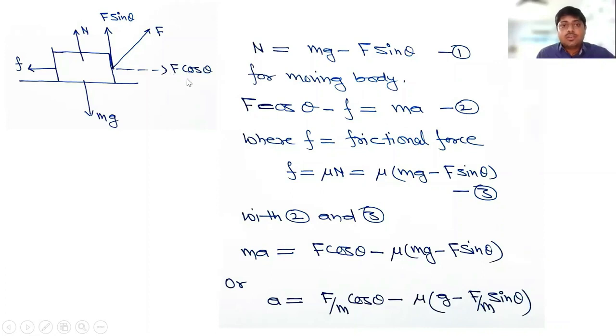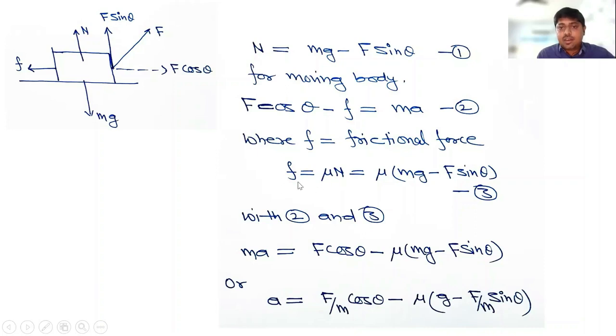So if it is moving, then it must be F cos theta minus f equals m times the acceleration. Here f is the frictional force. The value of frictional force can be calculated using mu, that is the coefficient of friction, times the reaction force, that is N. The value of N is already defined here in relation 1, which comes out to be mg minus F sin theta.